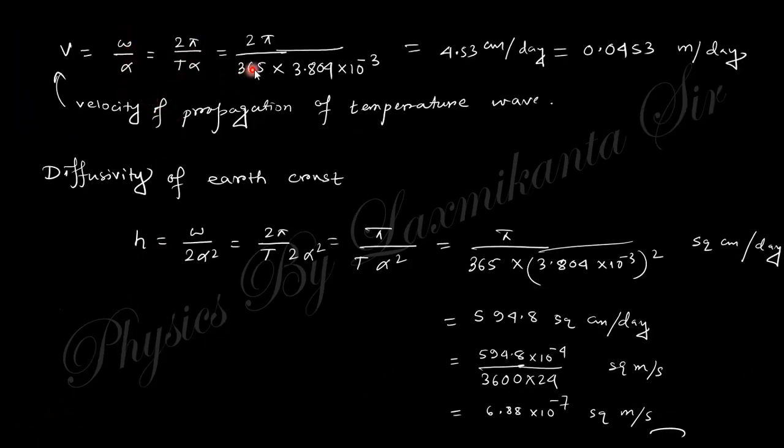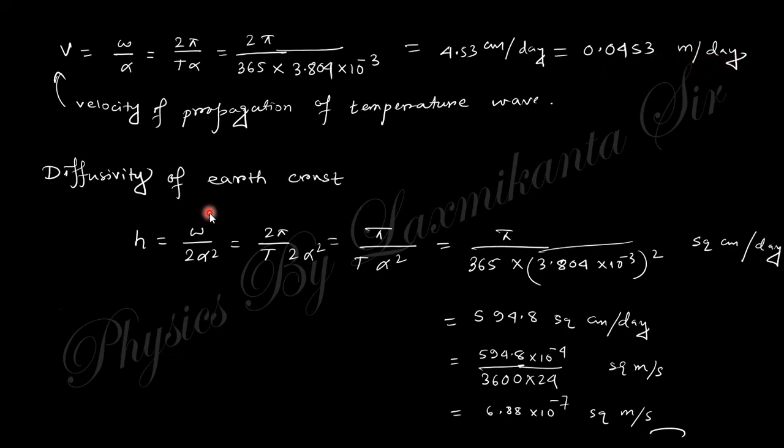Omega is 2π/T, T is 365 days. So finally we get 0.0453 meter per day. The thermal temperature wave will penetrate within the earth at 0.0453 meter per day.